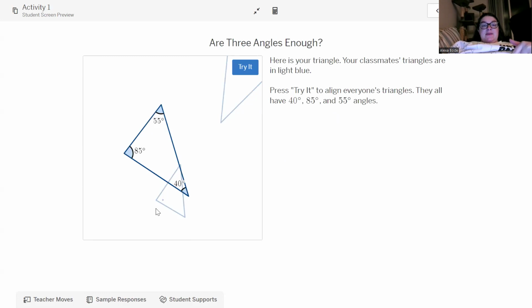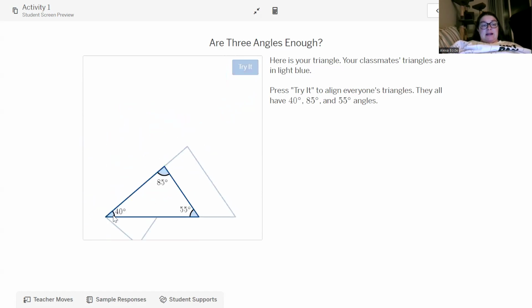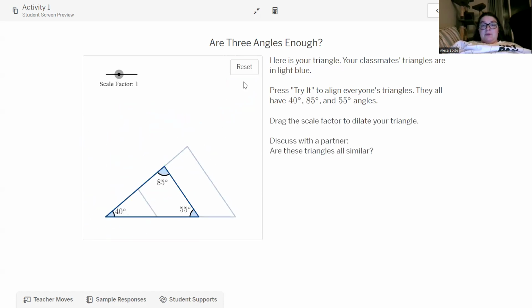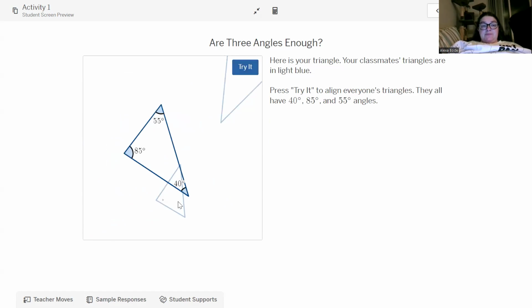So on the next slide, this is just my slide because I'm not doing it with anyone right now, but yours should have the triangles of the different people in your class. So I'll have a bunch of different triangles in here, and you're going to click try it. Notice it's aligning my points together. So I'm going to just reset this.